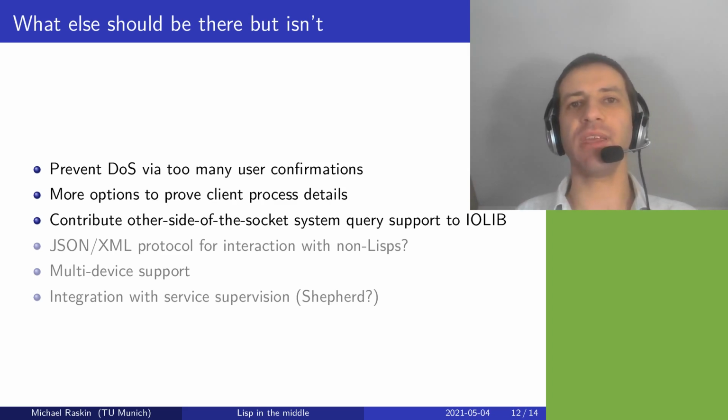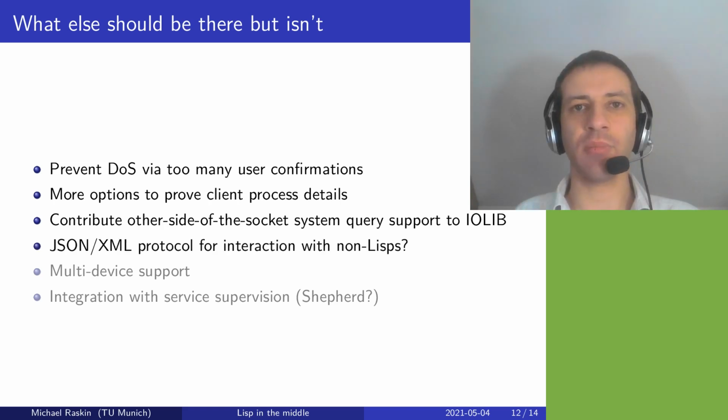And maybe another thing which is a part of this is maybe I should even add the system calls to ask who is on the other side of the local socket to IOLib, because it doesn't fully support these requests of who is on the other side, although it does support sending file descriptors and credentials over the socket. Maybe it would be a good idea to have some JSON-based or XML-based protocol as an alternative to the S-expression-based protocol for easier interaction with the non-Lisps on the other side.